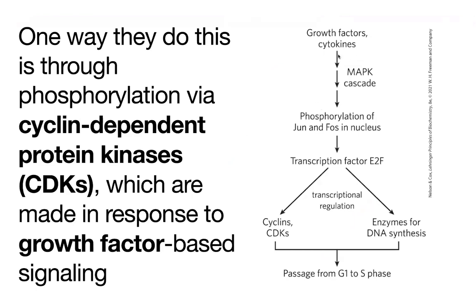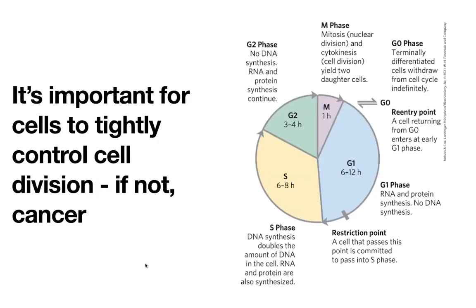So you have these growth factors that are going to lead through receptor tyrosine kinases to one of those MAPK cascades. They cause the phosphorylation of proteins like Jun and Fos in the nucleus, which are then going to activate transcription factors that regulate the making of those cyclins and CDKs, enzymes for DNA synthesis, and cause the cells to go from G1 to S phase.